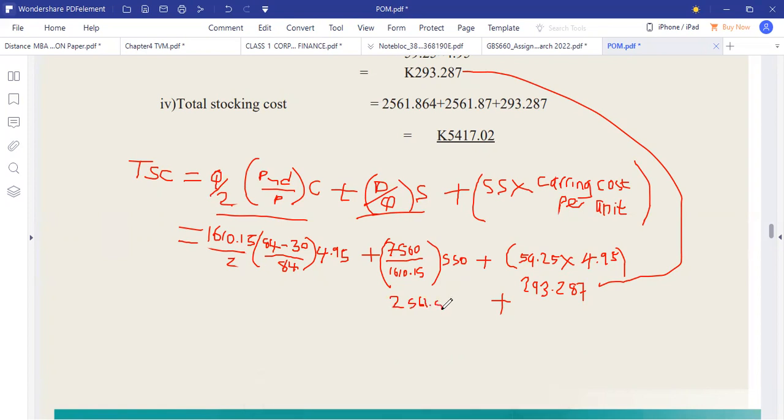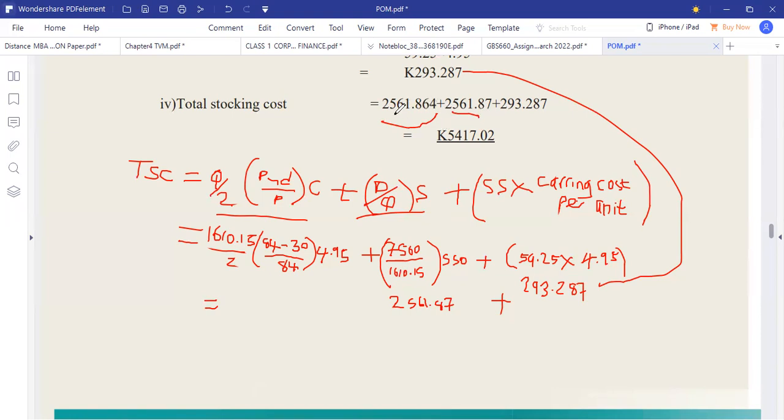So this is it, 2561.87. That's why I mentioned to you that these ones are supposed to be almost the same, because even the first one here, we can compute it. It's giving us almost the same answer. This one, your own time calculator is supposed to calculate it. If you check this one and this one, they are almost the same.